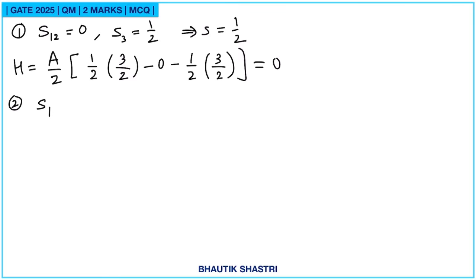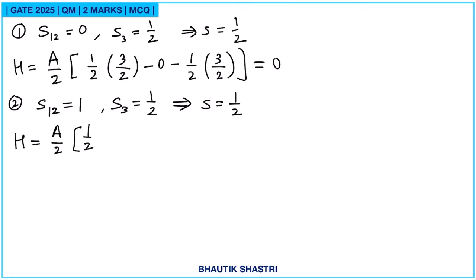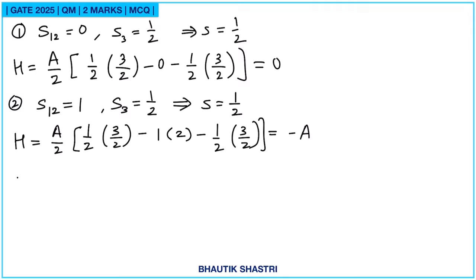Next case, when S12 is 1 and S3 is again half. In that case, S can have two values, half and 3 by 2. So for S is equal to half, H is equal to A by 2, then half into 3 by 2, minus 1 into 1 plus 1, 2, minus half into 3 by 2. So minus 2 by 2 is minus 1, this will be equal to minus A.